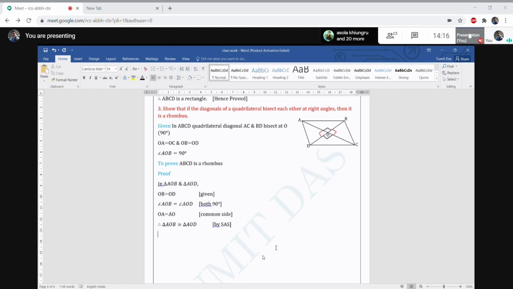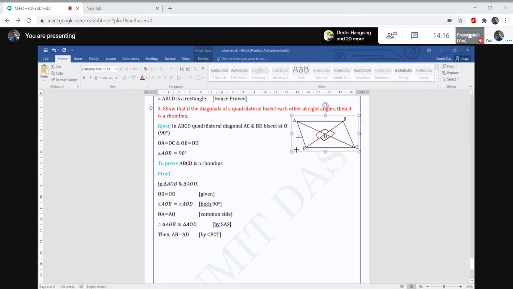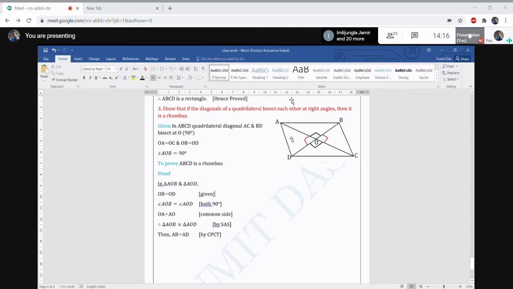Now from here what we can write? We can write then AB equal to AD by CPCT. These two triangles AOB and AOD we can prove are congruent, and after that we can prove AB equal to AD by CPCT.